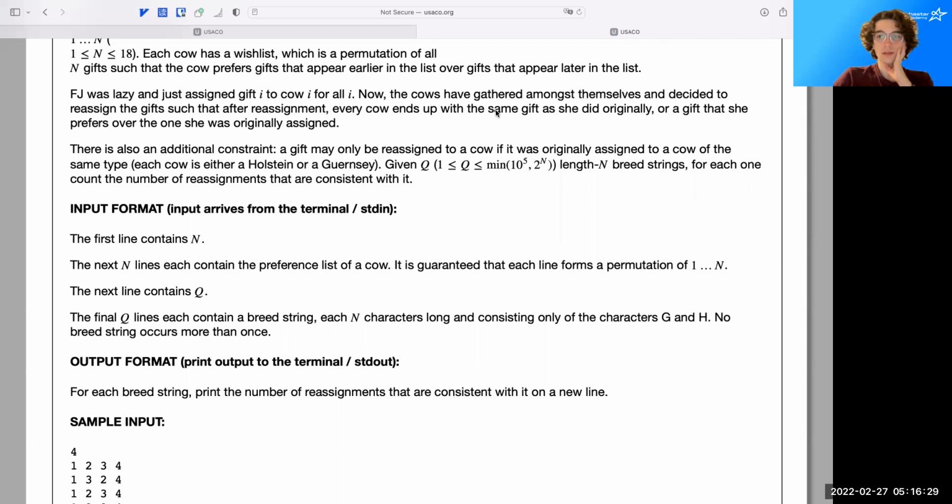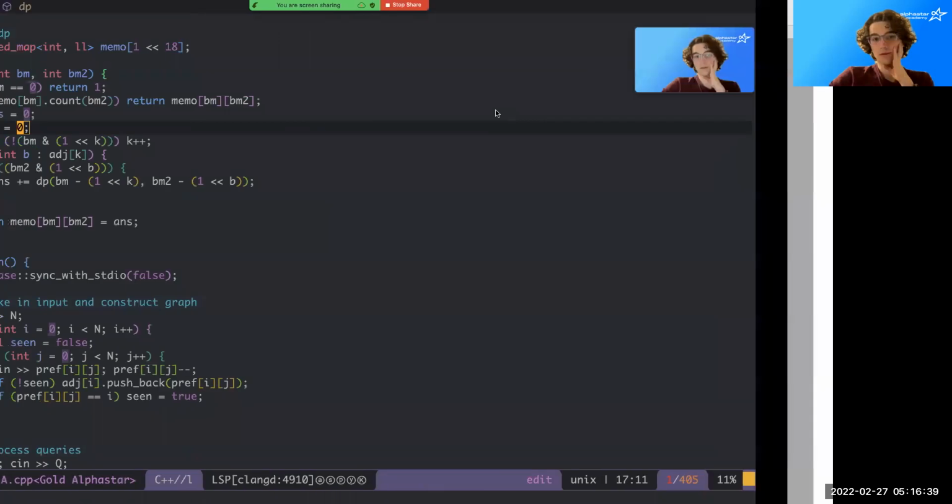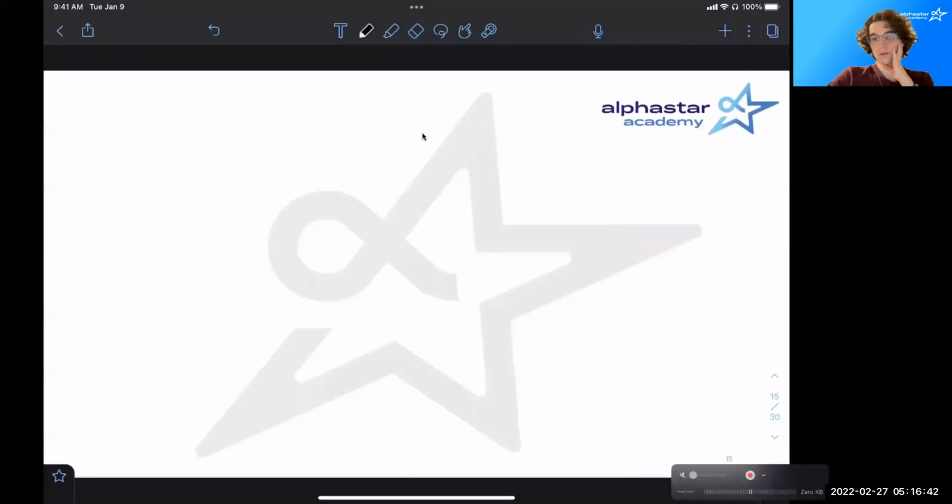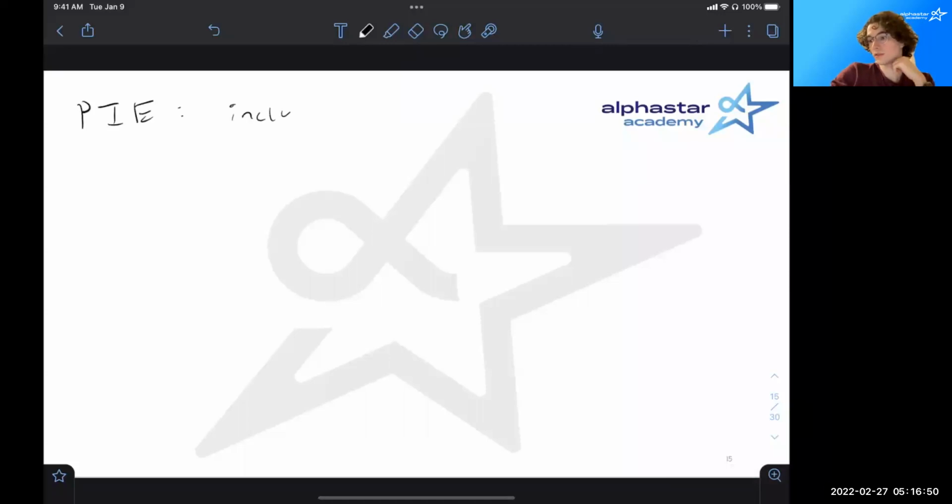Like you want to be able to compute, if you're looking at a bit mask, I feel like maybe there's some sort of PIE solution, so inclusion-exclusion.